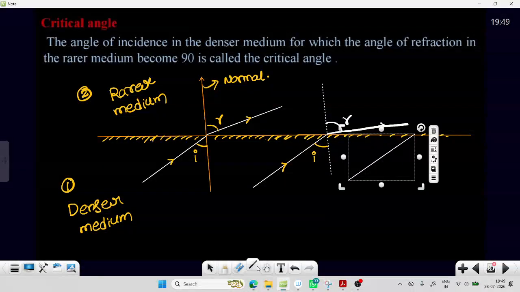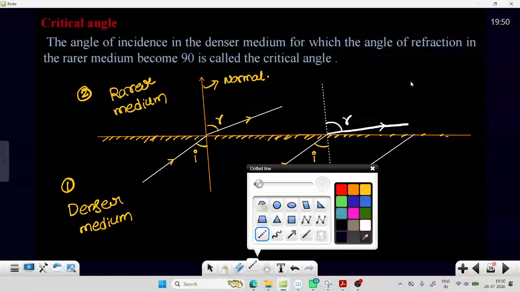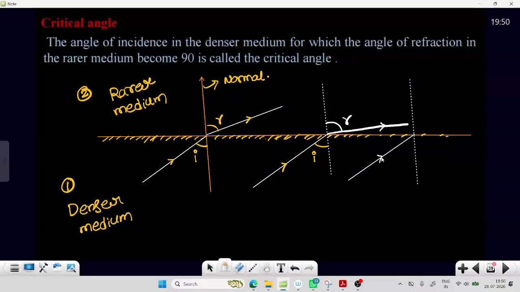If I further increase the angle of incidence, and this angle of incidence is equal to the critical angle, then the light ray will lie only on the surface, like this. And in this case, the angle of refraction becomes how much? 90 degrees. If the angle of incidence equals the critical angle, the light ray does not move into the rarer medium, it lies only on the surface.